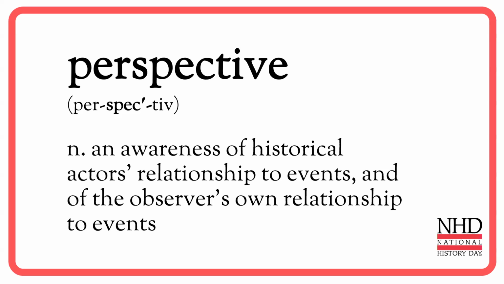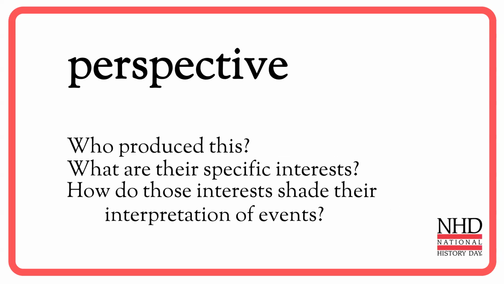Now that sounds maybe a little bit confusing, but to me, it boils down to a series of pretty straightforward questions. Who produced the thing that we're looking at? What kinds of interests does the person or the group producing the source have? And how do their interests affect or involve their interpretation of events?